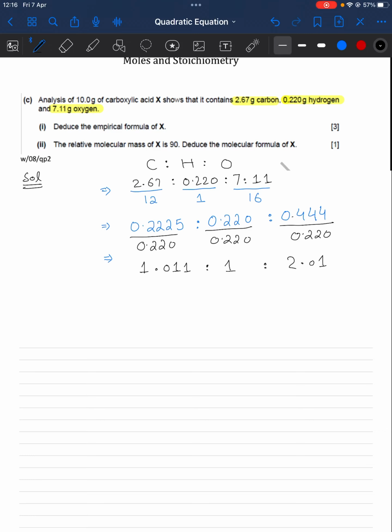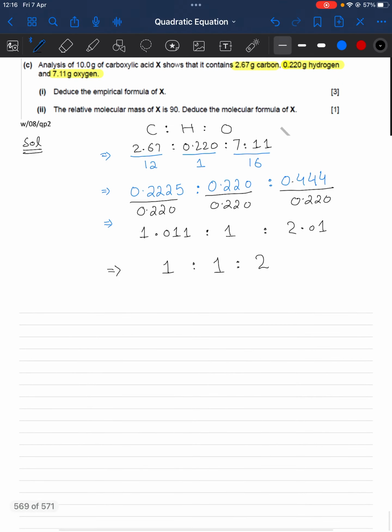If I round off this number, I get the ratio 1 : 1 : 2. So the formula of the compound will be C1, H1 and O2. So this is the formula of the compound. So we have covered part 1.